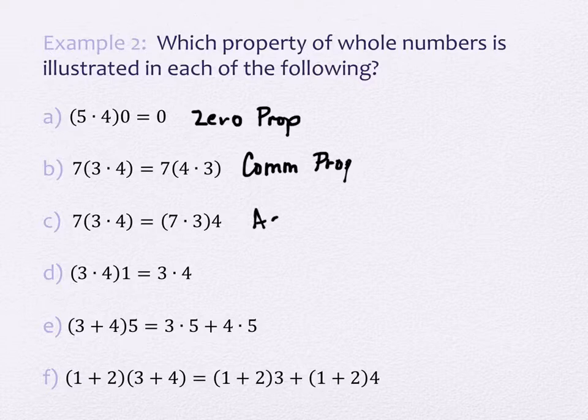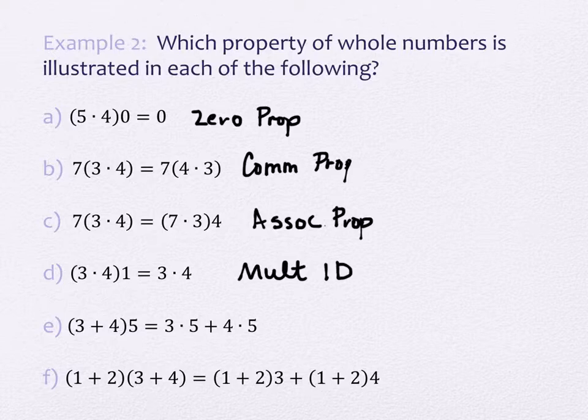Associative property. D. Oh, I even heard the word multiplicative. Wow. Yes, the multiplicative identity property. How about E? That is distributive. Very good. It is distributive over addition.